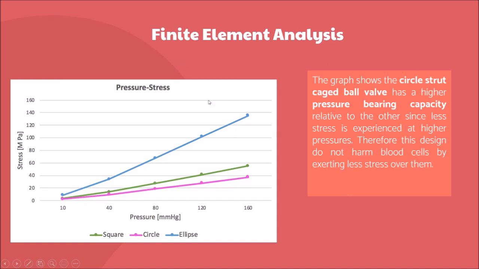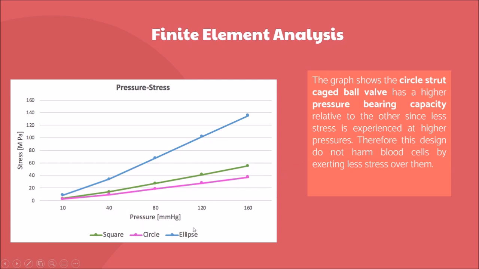After that, we proceeded to plot this pressure against the stress of each design of strut, and the graph shows that the circular strut cage ball valve has a higher pressure bearing capacity relative to the others, since less stress is experienced at higher pressures.